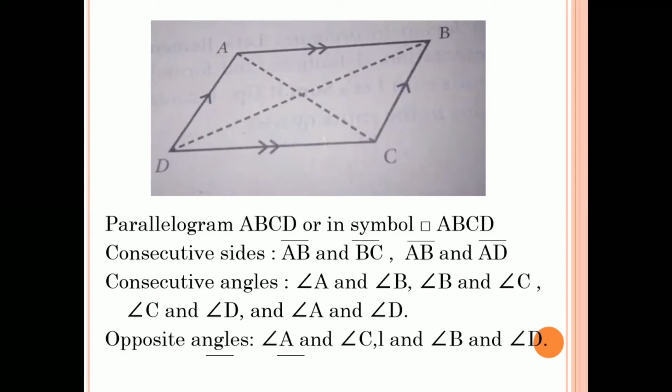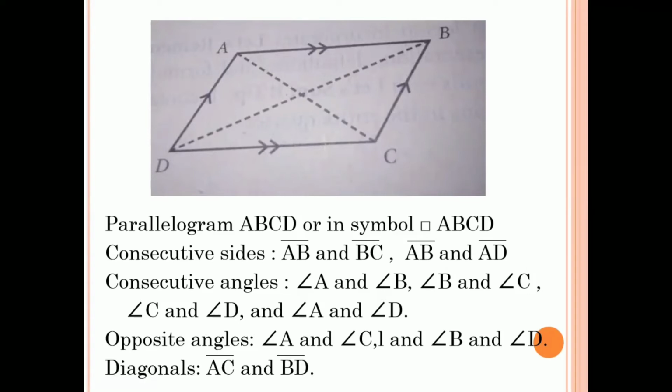Next, we have opposite angles. What do you mean by opposite angles? We have angle A and angle C, and angle B and angle D.